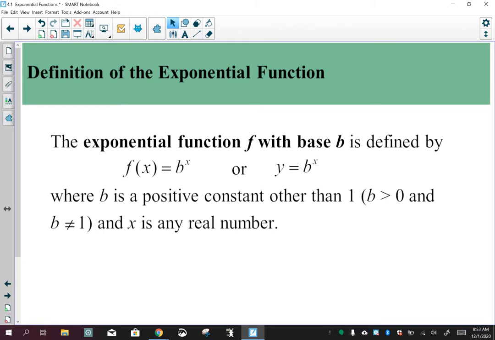All right, so if it's ever equal to 1, then that's not really an exponential function. It's just going to be a straight horizontal line because 1 to any power is always going to be 1. So in order for it to be an exponential function, your base has to be positive, and it has to not equal 1.